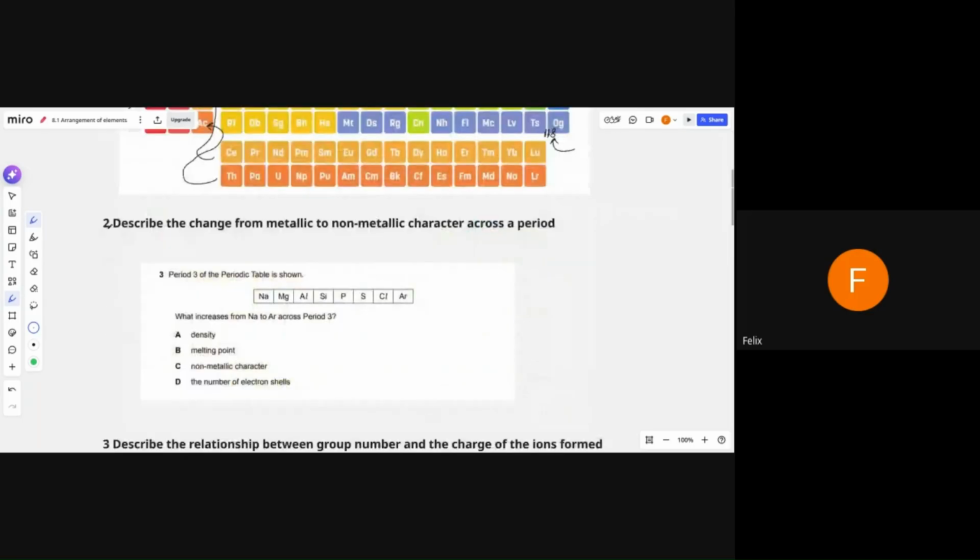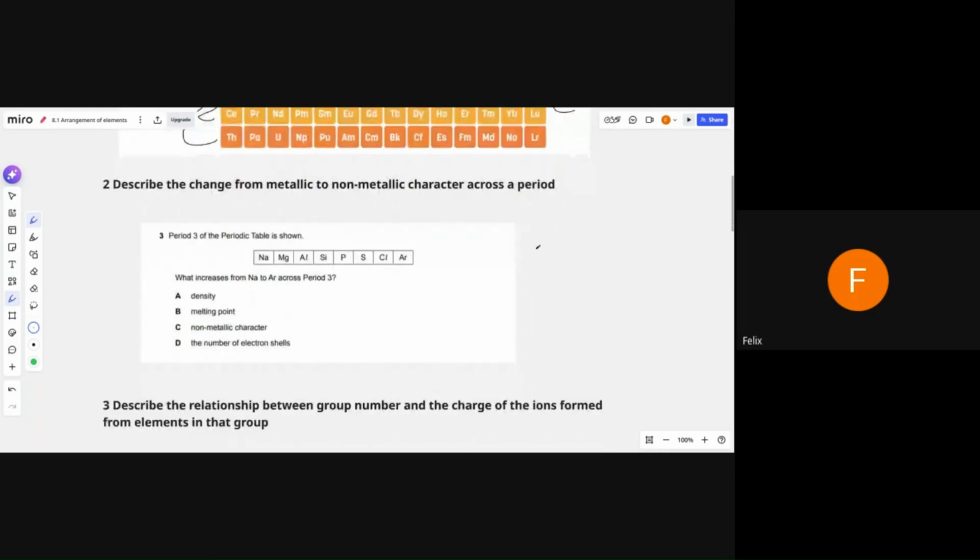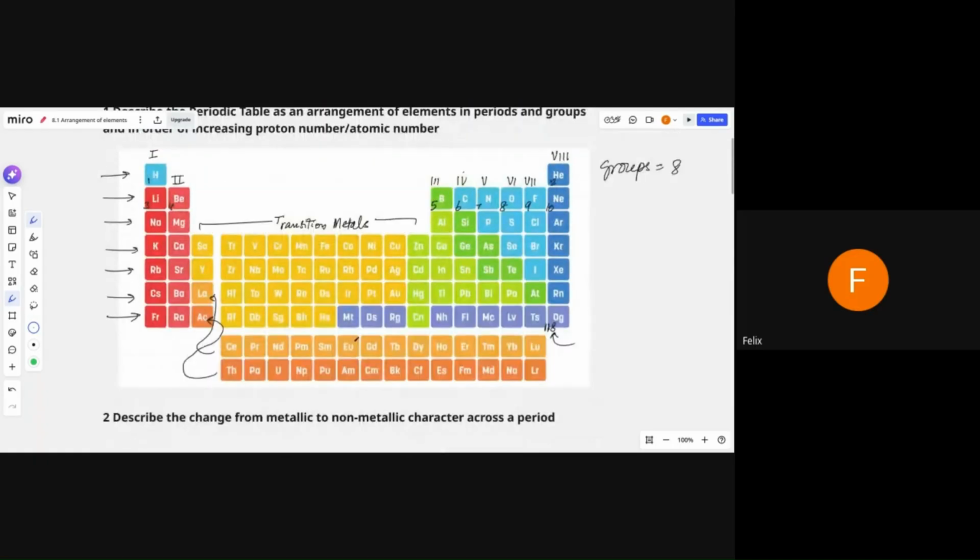It says describe the change from metallic to non-metallic character across a period, right? You can see here that as we move from the left-hand side to the right-hand side, the metals eventually change into non-metals. Let's take a look at the example of period 2. Lithium, beryllium, and boron are the 3 metals, and then from carbon all the way to neon, these are non-metals, right?